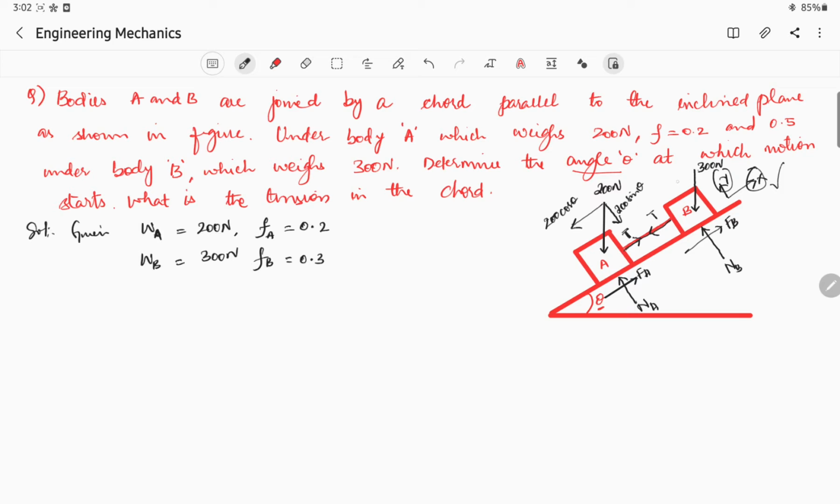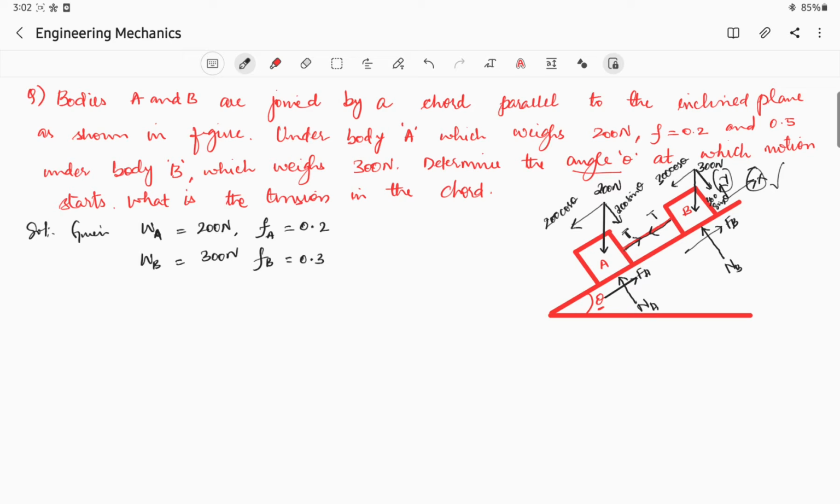Similarly, this value will be 300 cos theta, and this value will be 300 sin theta, right? Okay, so these are the forces we have in this problem.